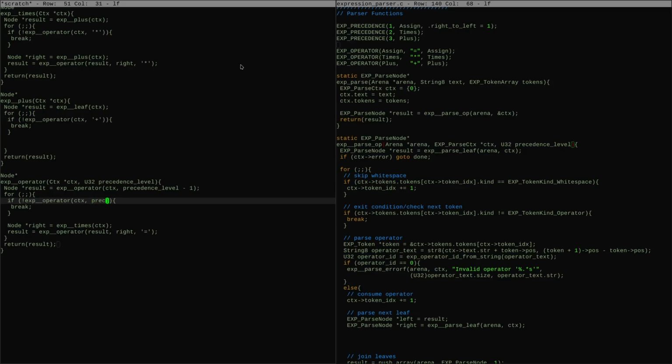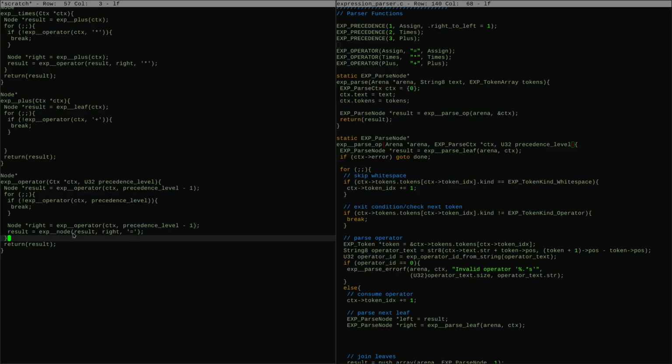You check if you have an operator at this precedence level or not, and if not, you break. And again, you do operator precedence level minus 1, and right.